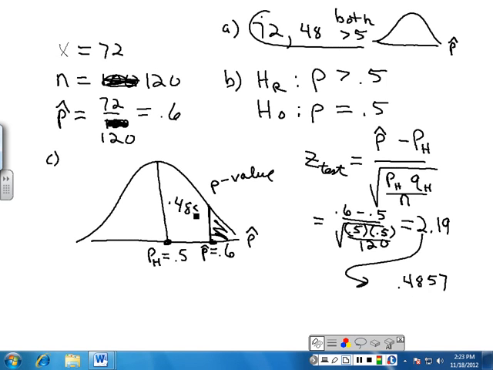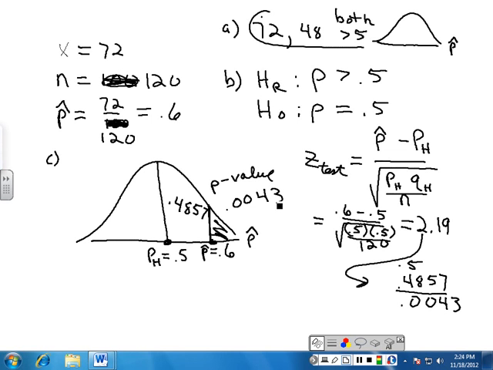And then the p-value itself, the area in the tail, will be 0.5 minus that, 0.0043. And that's it for part C.